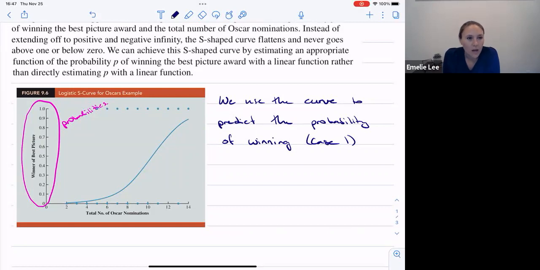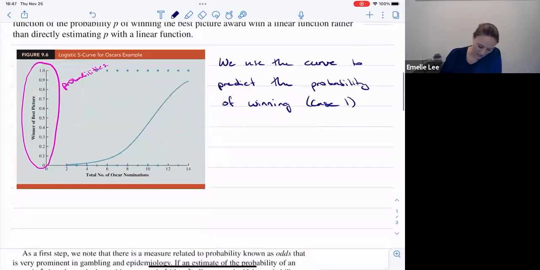And so to get this S curve, we have to manipulate things a little bit. It's cool because it ends up being a linear function, but the thing that we're estimating is not linear. And so let's see here.